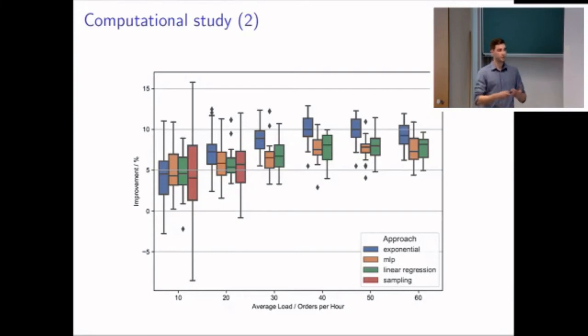And that's where the major advantage of our approaches is. You can also see that a higher load or more orders per hour is beneficial to the performance, which makes sense, since if you have more orders to improve your route, then it does make sense.